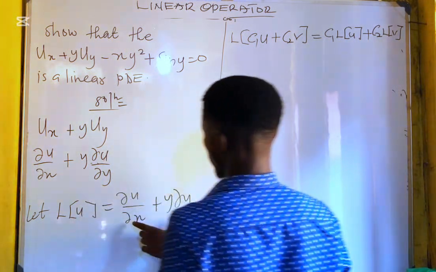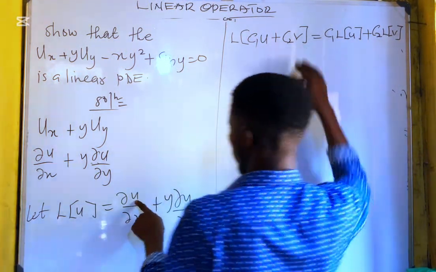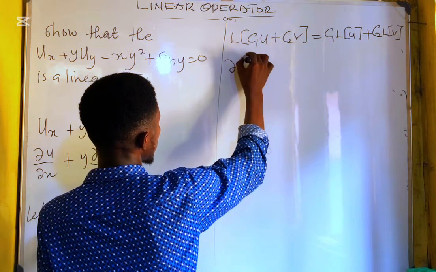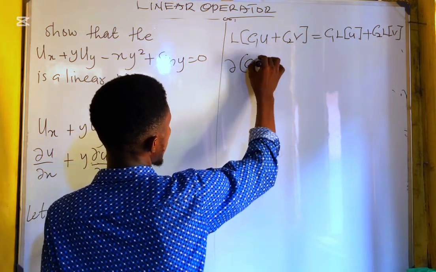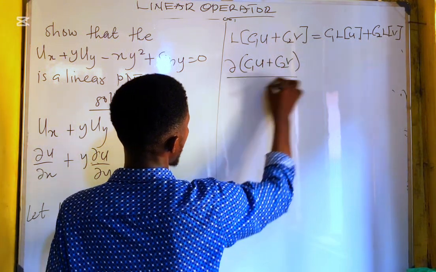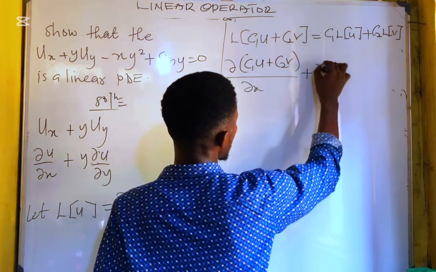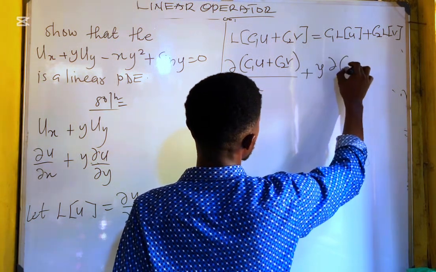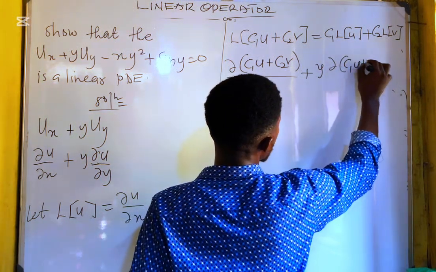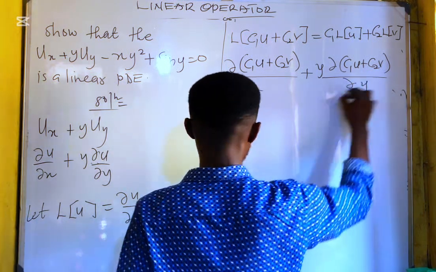Here, we are just going to substitute. So wherever I see u here, I'm going to replace it by the whole of this. That's the meaning. So here is going to be delta (C1U plus C2V) over delta x plus y delta (C1U plus C2V) over delta y.